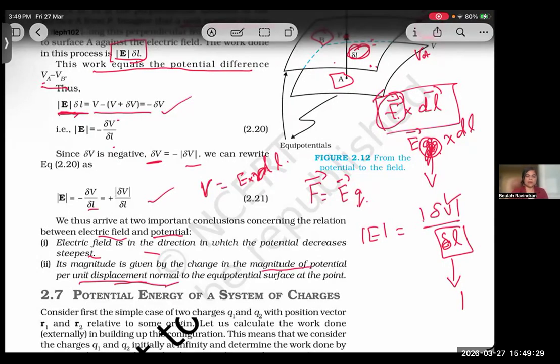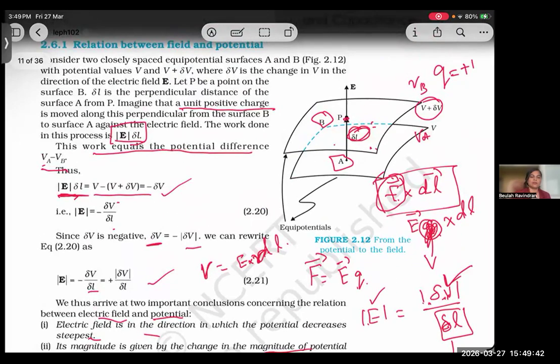And these two are normal to the equipotential surface. That also we saw: the electric field is normal, meaning perpendicular, to the equipotential surface.